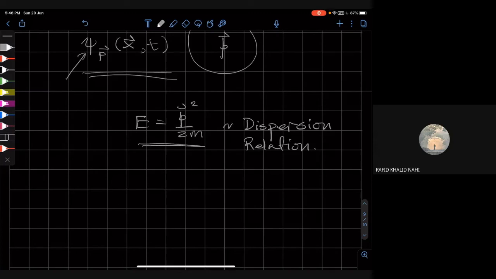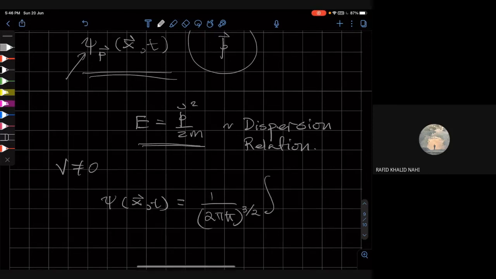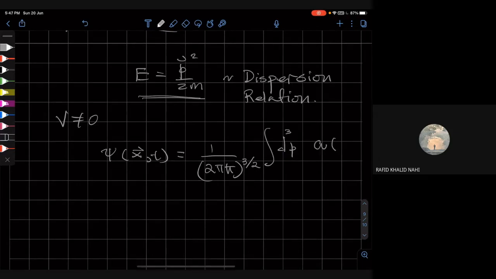Because of the linearity of the Schrodinger equation, we can now say that for the general Schrodinger equation, that is when V is not equal to 0, any arbitrary state can be written as a linear combination of these states, where now we have d cubed P times a Fourier transform coefficient A of P, times e to the power minus i by h bar E, which will of course be a function of P now, plus i P dot x.